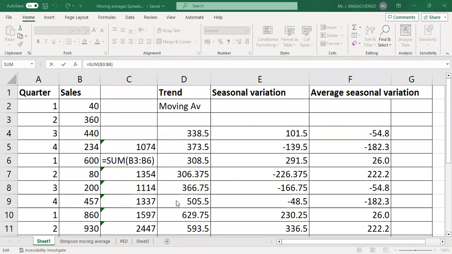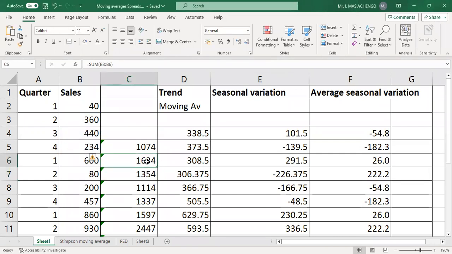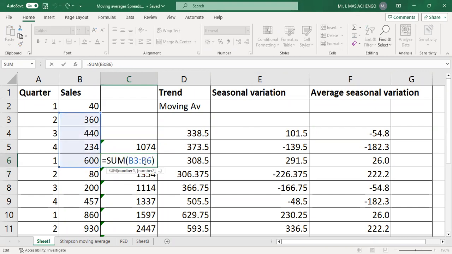If you want to get this figure, the total, it means you are supposed to add 4 numbers from here. 1, 2, 3, 4. So we are going to add the sum of 360 plus 344 plus 234 plus 600. If I highlight here, you can see where they are highlighting. Those are the figures that we are going to add.